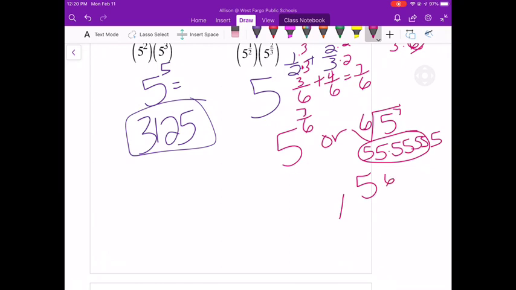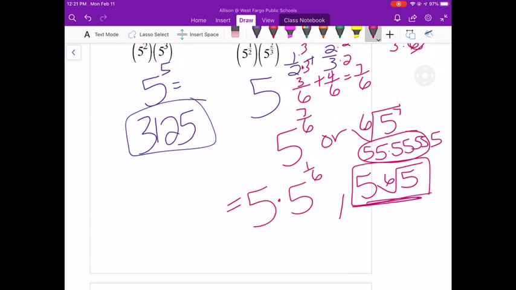So you have 5, and then there'd be the 6th root of 5 left in there. So this would be the most simplified version of this. Writing that back as a fraction would be 5 times 5 to the 1/6 power. So typically we'd see it written with the radical in that case. So anytime you have an improper fraction, you should recognize that it can be simplified further.